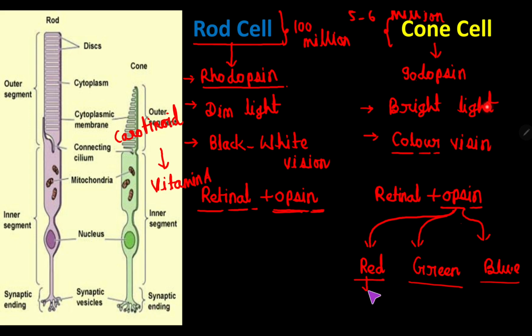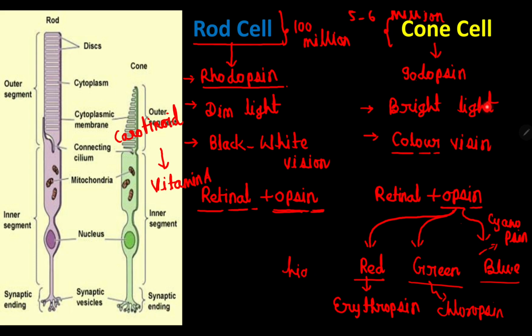The one for red color we call erythropsin. This one is chloropsin. And this one is cyanopsin.